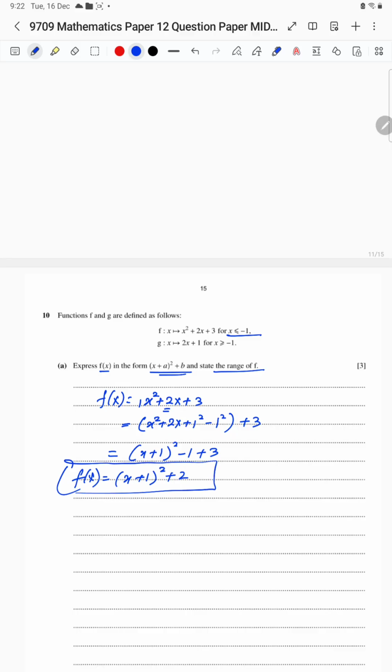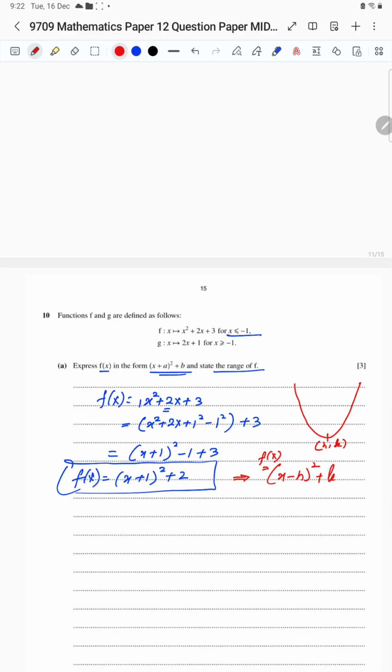which is the required form, and this is the same as x minus h whole square plus k, because for the quadratic it's a happy face as a is positive. This is h and k for this case.